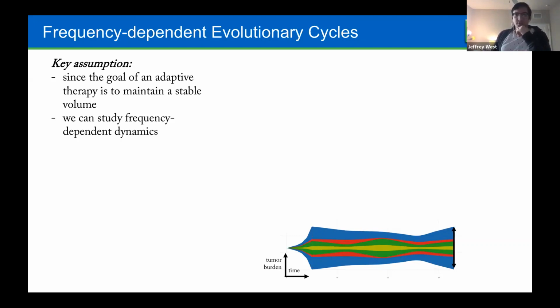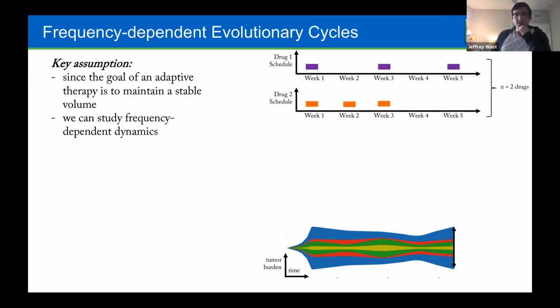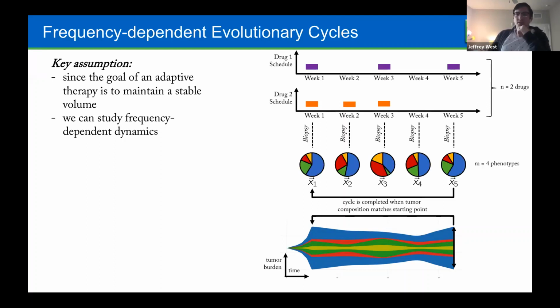We're tracking the proportion of each clone over time, and our goal in driving into an evolutionary cycle is to stack some sequence of treatments such that if we were to take a biopsy at one point in time, the treatment succession later leads to the tumor composition approximately matching your initial starting tumor composition.